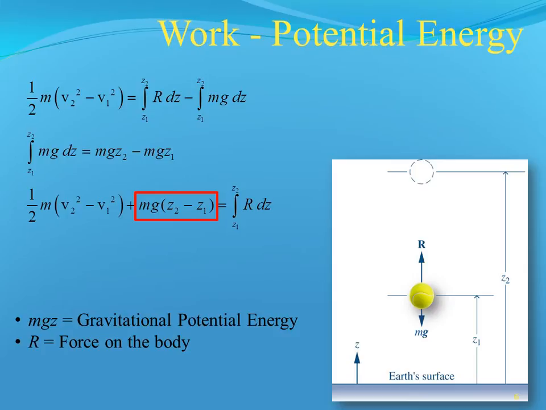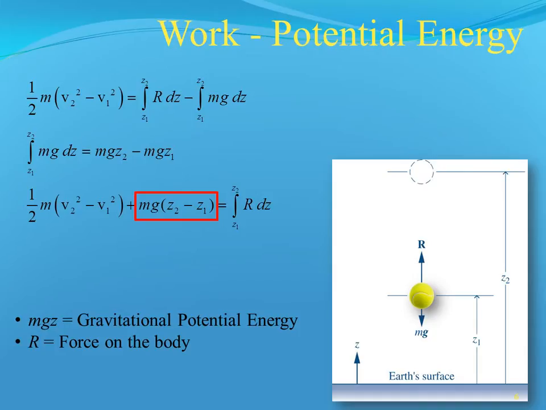So here's work from a potential energy perspective. Here we have 1/2 mass times V2 squared minus V1 squared, and that's just our change in kinetic energy. We could set that equal to R, which could be some force acting on a body over some distance.